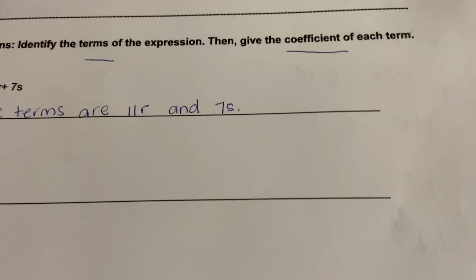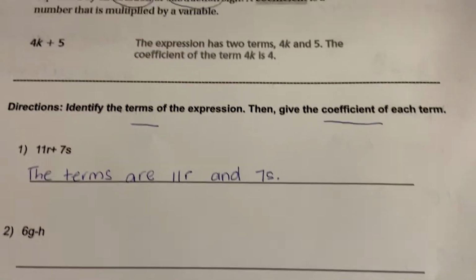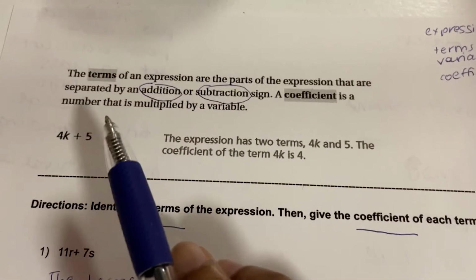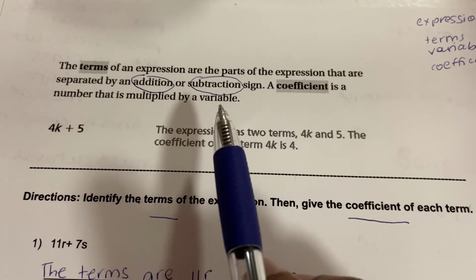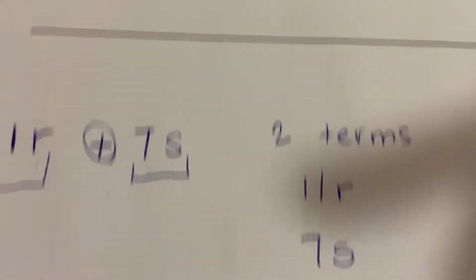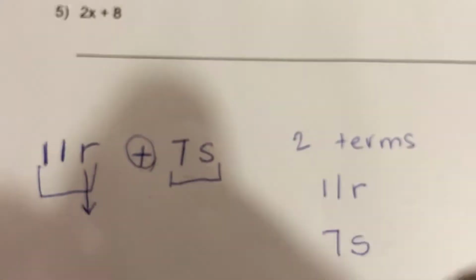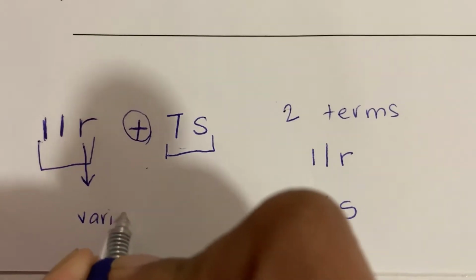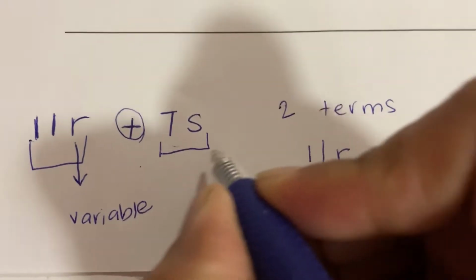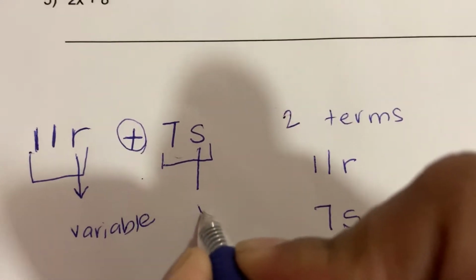Now, give the coefficient of each term. A coefficient is a number that is multiplied by a variable. Let's go back to the example. In 11r and 7s, r is a variable, and s is a variable.